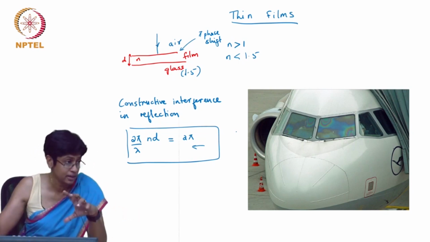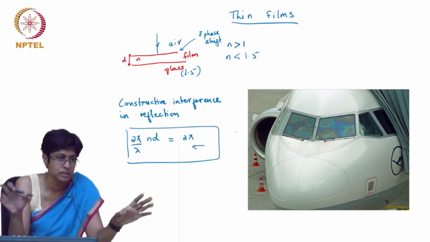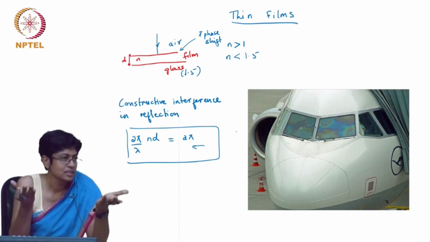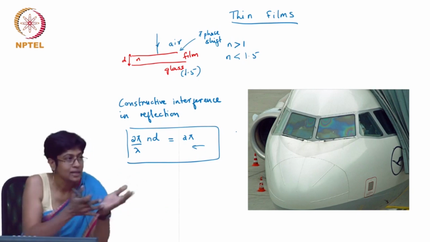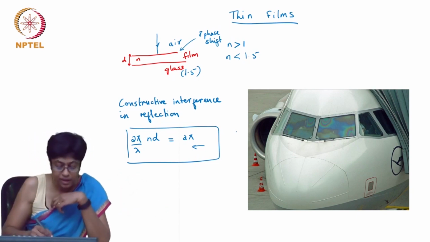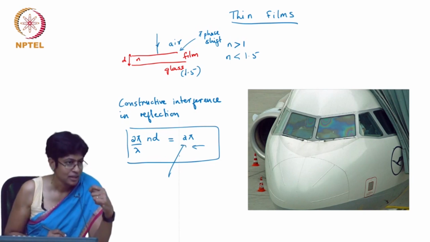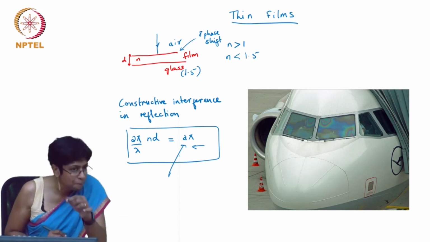The thickness is varying. In some places, let's assume the refractive index is constant, the thickness satisfies the condition for constructive interference for lambda 1, and in other places for lambda 2. The fact we put this here, 2 pi is a phase change of 2 pi which corresponds to lambda.